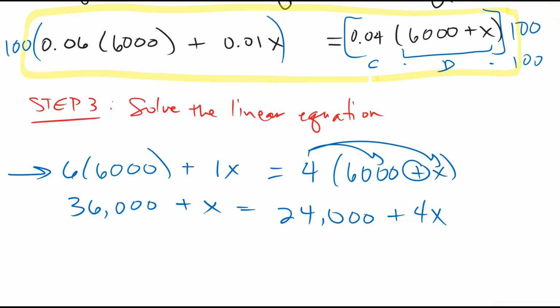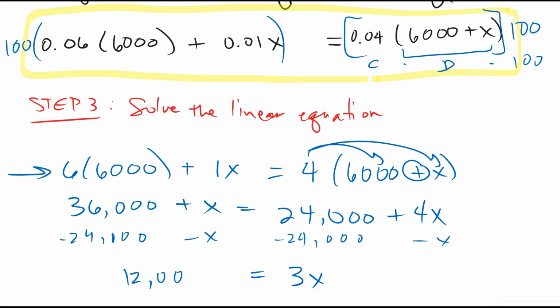So I'm going to subtract the 24,000 from both sides to get my numbers on one side. I'm going to subtract X from both sides. Now on the right-hand side I have 3X. On the left-hand side I have 12,000, and so X is $4,000.